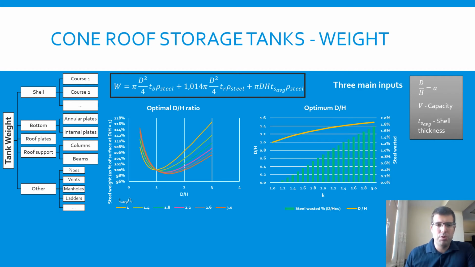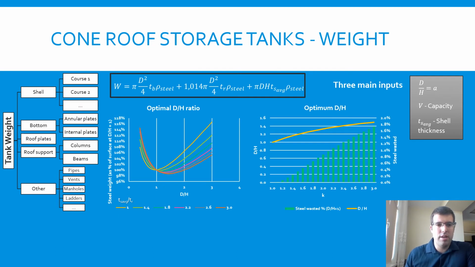What's also important to consider is that the weight of steel utilized is comprised of different elements. And in this work, we are focusing on three main ones: shell, bottom, and roof plates, out of which bottom and roof plates are more or less fixed by the standards, so they will not change as much with the design.